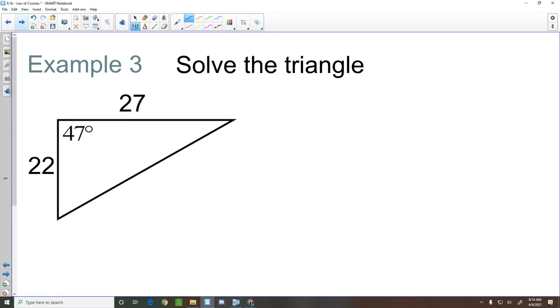Nice. That 47 is the angle, not the side length. Oh, shoot, yeah. I would have got a weird answer.